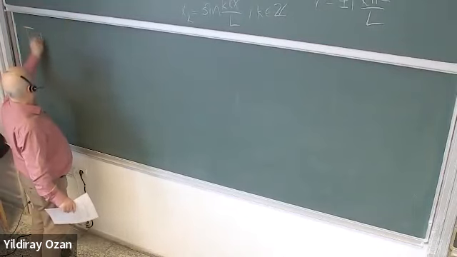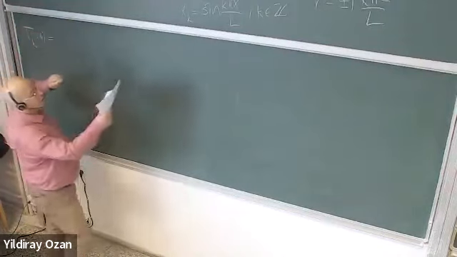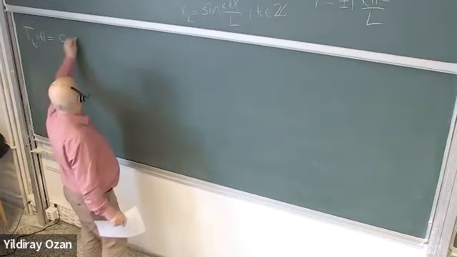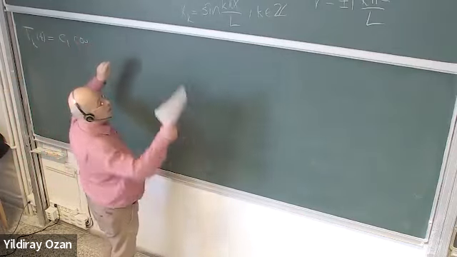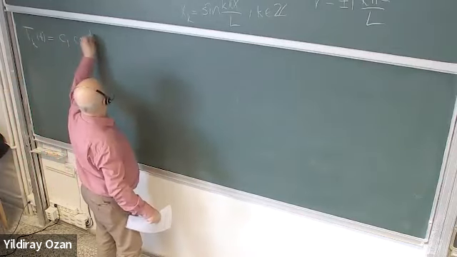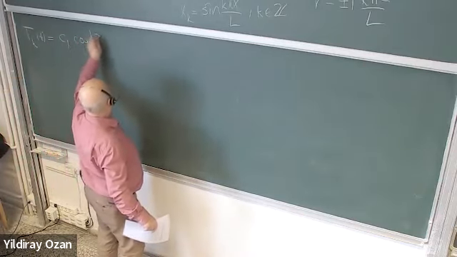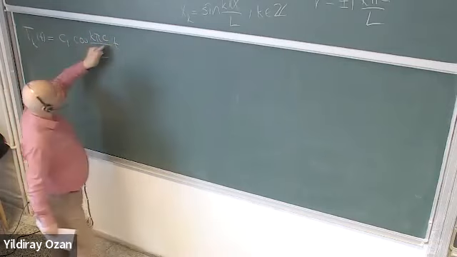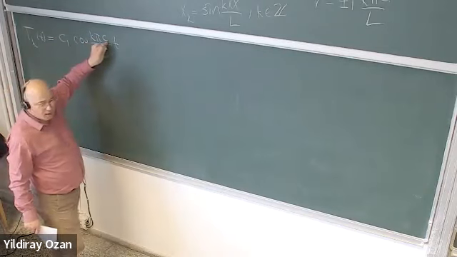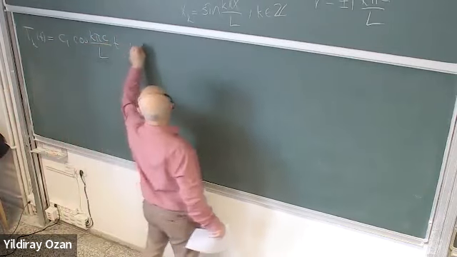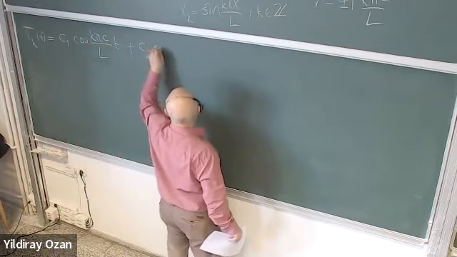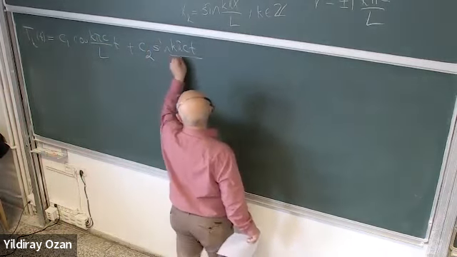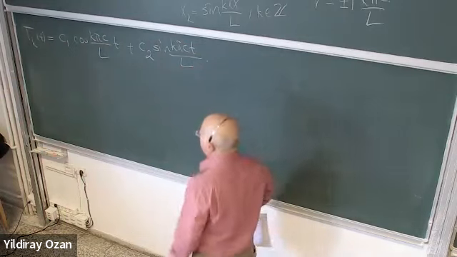T_k of t is just what? Some number, let's say c1 times cosine k pi c t over L. So the only difference is that we have this time an extra c term here, and then c2 sine k pi c t over L.